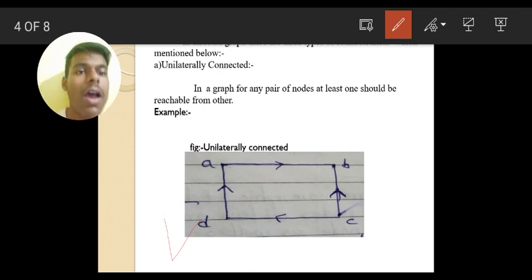In this image I show the direction of the edges, so it is a directed graph. Of the four nodes A, B, C, D, at least one is reachable from the other in each pair. This type of graph is a unilaterally connected graph.